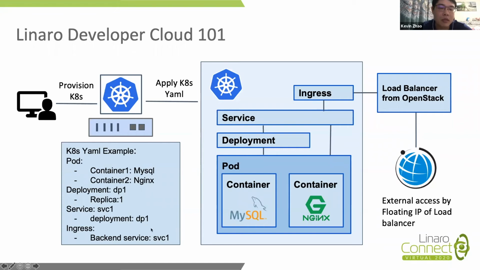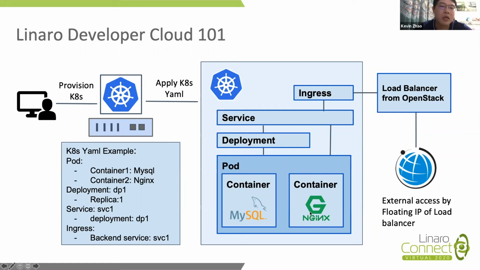After that, we can use the OpenStack Octavia ingress controller. This controller can create a load balancer on the OpenStack side. After that, the OpenStack load balancer can have a floating IP attached. So the user can access through the load balancer from OpenStack to the ingress, and after that, the flow will be connecting to the Nginx container.